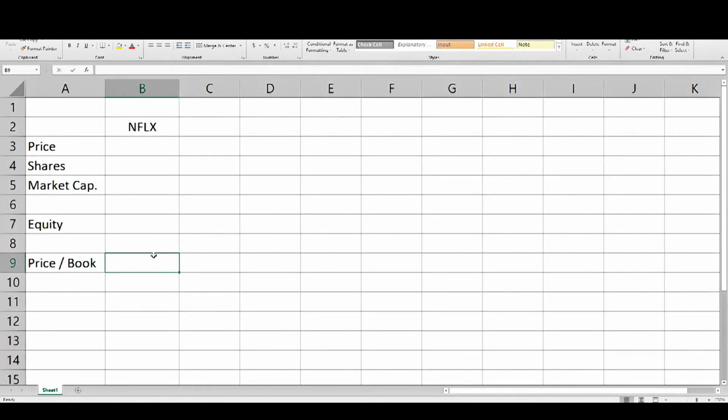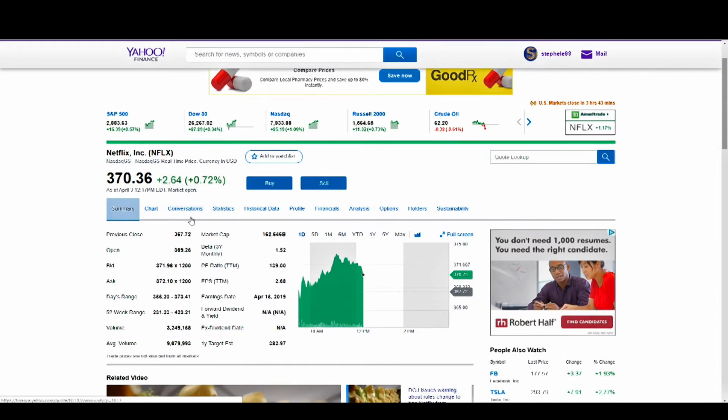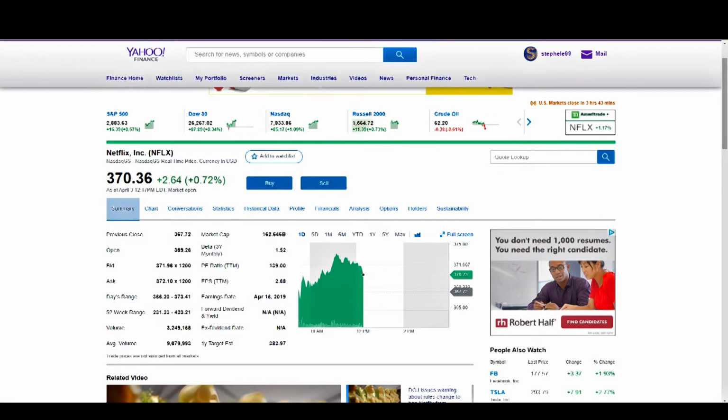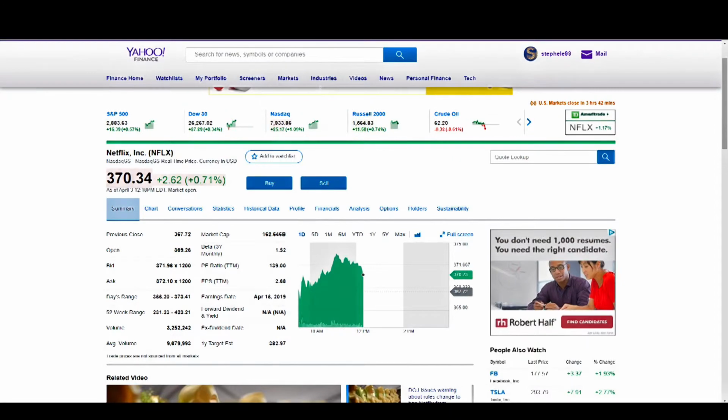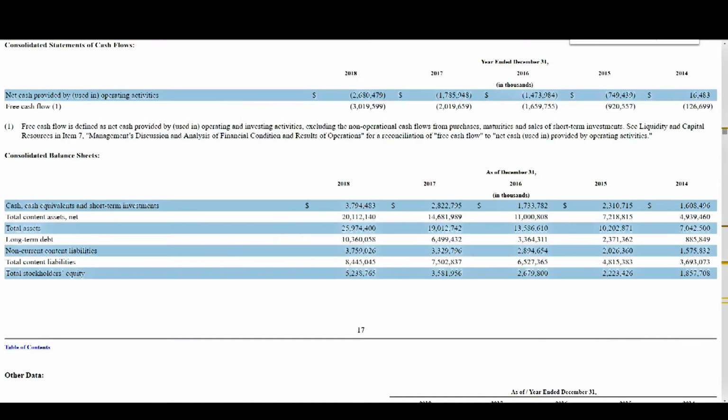So let's pull up the price for Netflix on a per share basis as of today. Let's round it out and use an even number: $370. Shares, where do I get the shares outstanding on a particular business? Well, you get it from the 10K or the 10Q, which you can get from the SEC Edgar database.